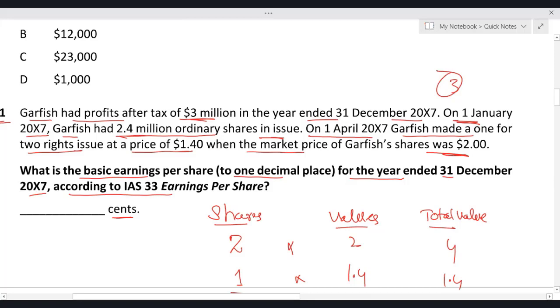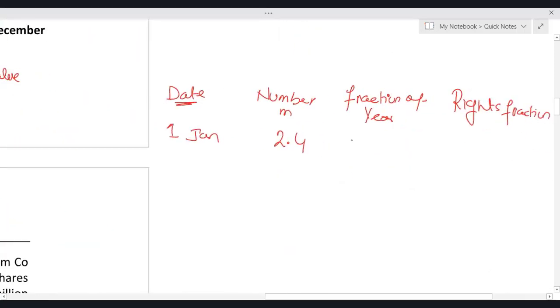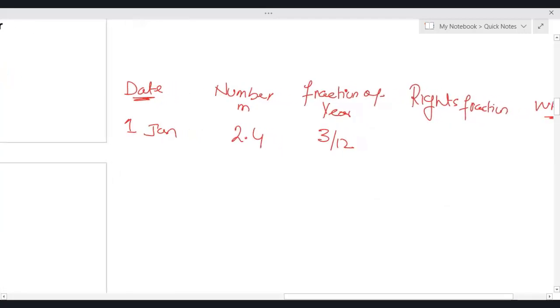From 1st January till 1st April, there's a gap of 3 months. So out of 12, the organization has 2.4 million shares for 3 months.